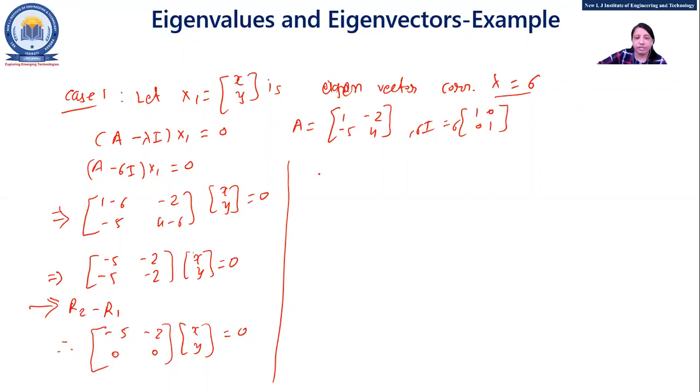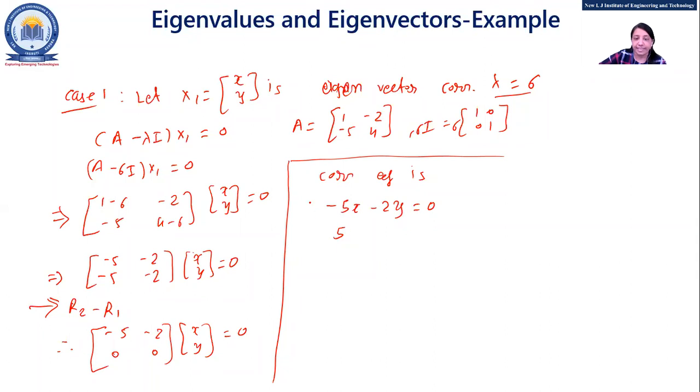After this you have to write down the corresponding equation. The corresponding equation is minus 5x minus 2y equal to 0. Then what are you supposed to do? Anyone?